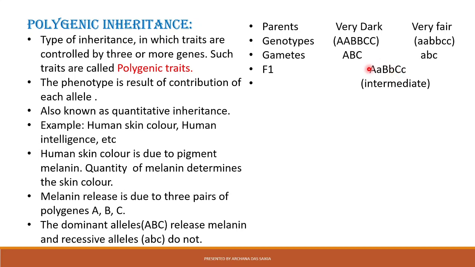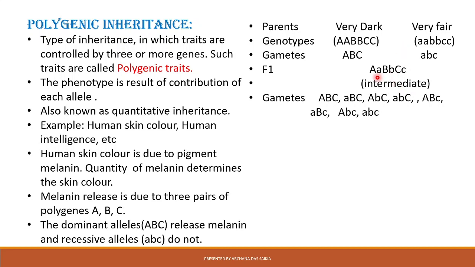So the release of melanin gets reduced by 50% compared to the very dark parent. Consequently, the skin color lightens and becomes light, so you get an intermediate skin color.